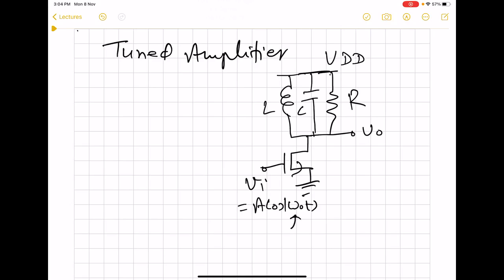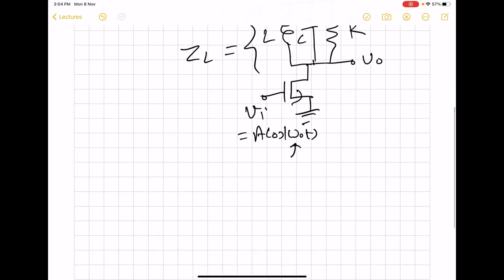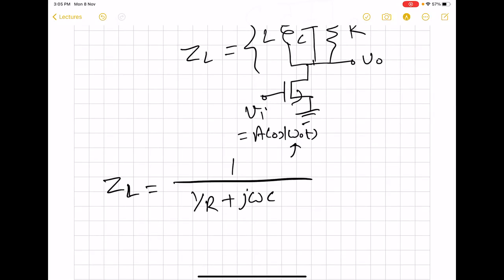So here, earlier we had a load equal to R, but now we have a load consisting of all these three elements. So ZL now is the parallel combination of R, C, and L.